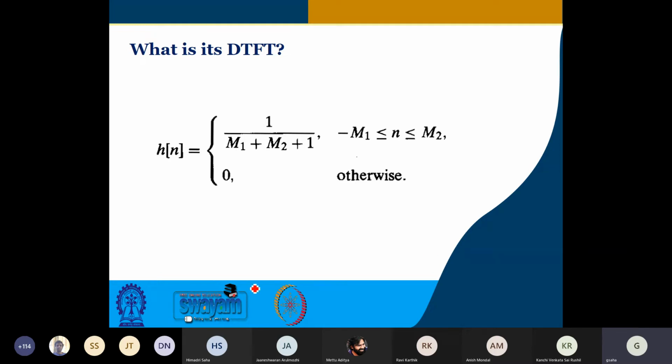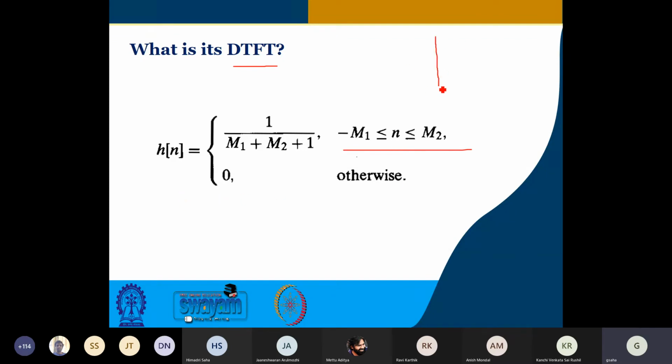So now here we want to know what the DTFT of this is. h[n] is 1 upon M1 plus M2 plus 1, where n ranges from minus M1 to M2, and it is 0 elsewhere.